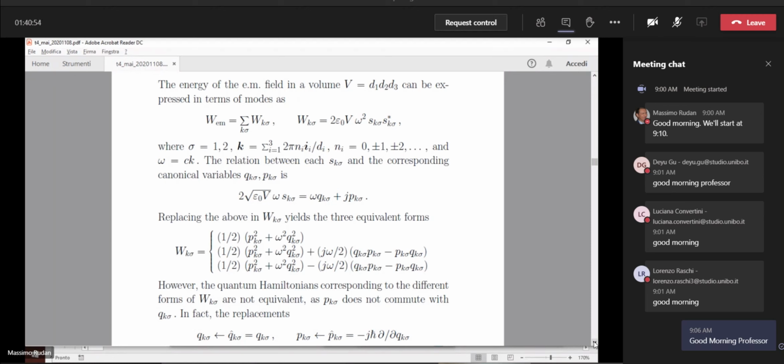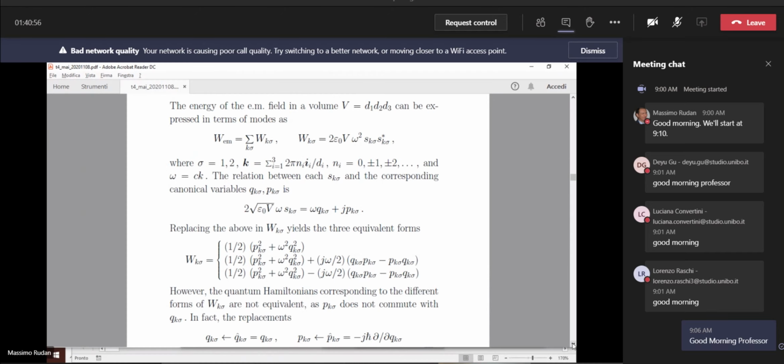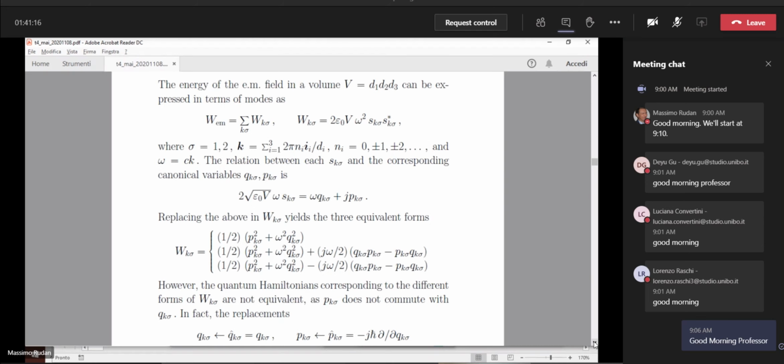So I shall only outline what happens when we manipulate the Maxwell equation. The original problem in the classical situation is the following. We take a volume of space in which we have only the electromagnetic field, no electric charges.